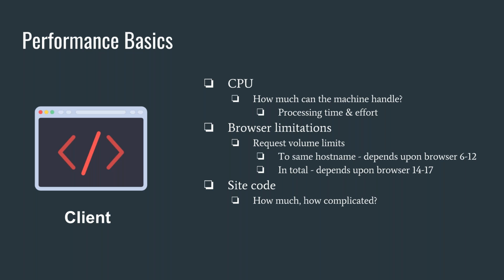Only 14 to 17 can run at one time, can be outstanding at one time, even if they are asynchronous and not, by their nature, going to block everything else from happening. They can, in aggregate, act as a clog, basically. So other requests cannot be sent, other things can't be executed, which is going to slow down the process of your page in general just being able to load.